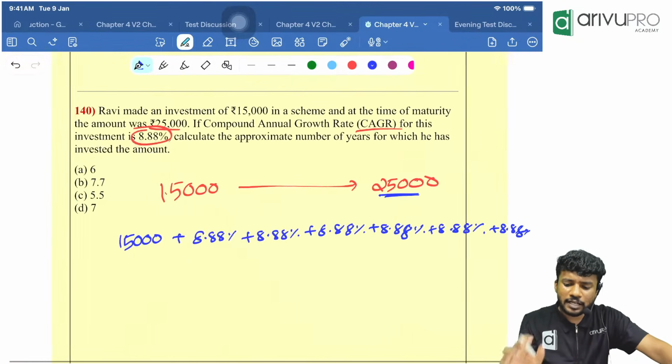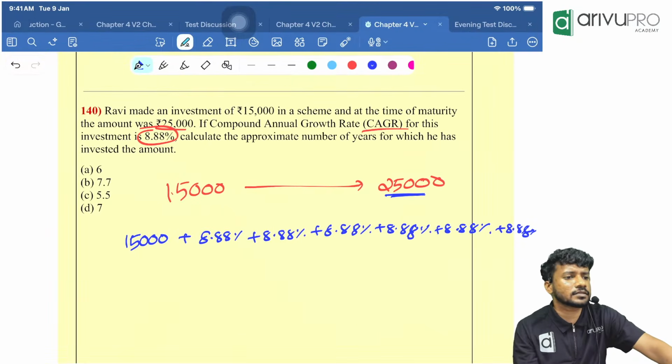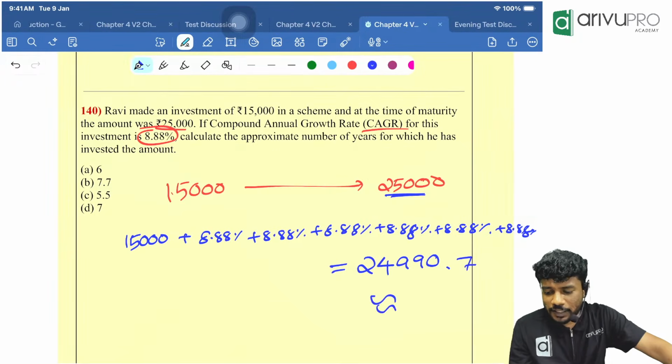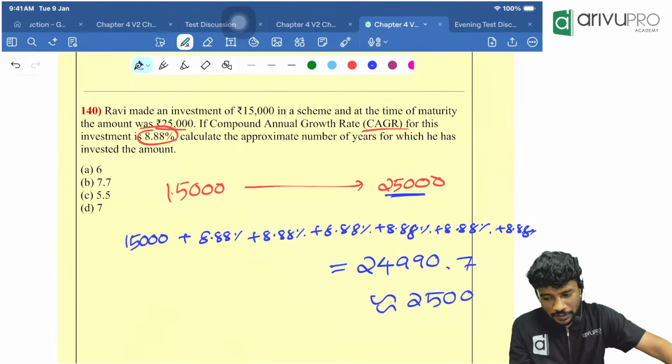When I type that 6 times, did I get the answer? You are getting 24,990.7, which is approximately equal to 25,000.